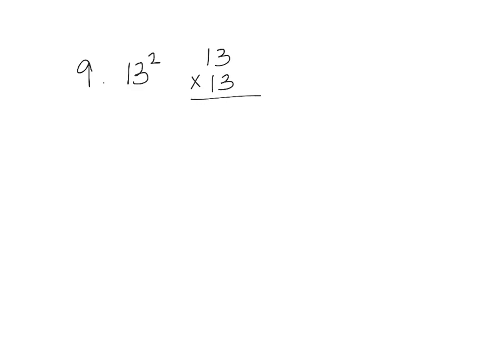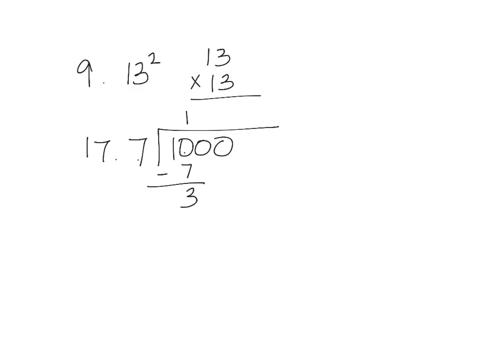Let's do a little review on division. And we'll look at 17. 1,000 divided by 7. 7 can go into 1, 0 times. So we just move on. 7 goes into 10, 1 time. So we put a 1 above our first 0. 7 times 1 is 7. Subtract that out. 10 minus 7 is 3.